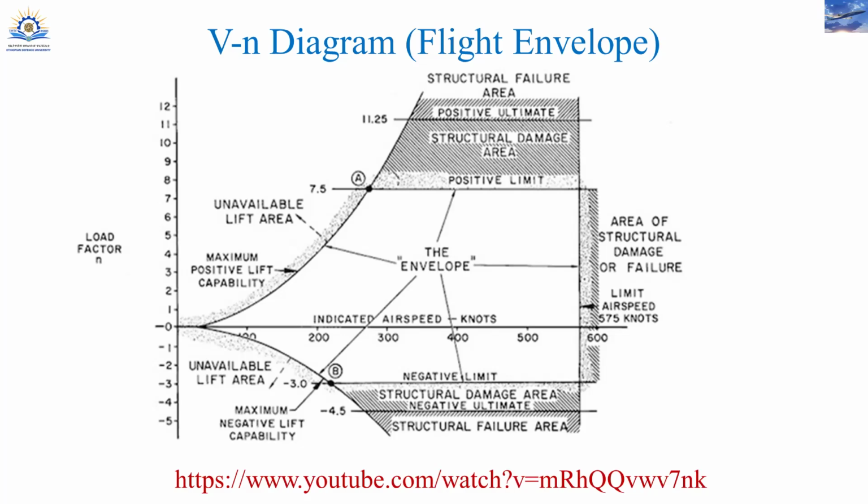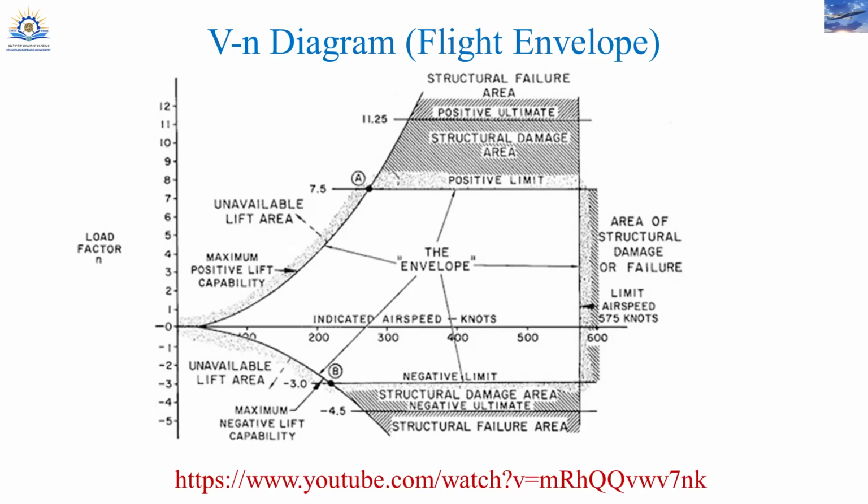So with these restrictions, the aircraft must fly within the given limits. We should never exceed the aircraft's n value. We cannot use an arbitrary value for n. The n value should be within a given limit for the structure, for the speed, and for the aerodynamics also.